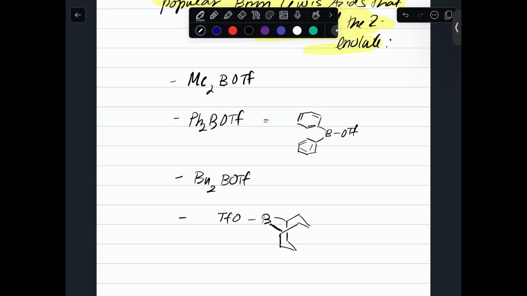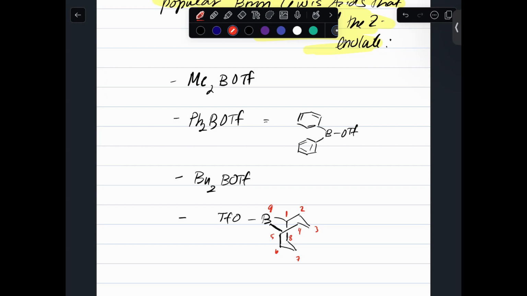It's a 9-membered ring where the boron is part of the ring.